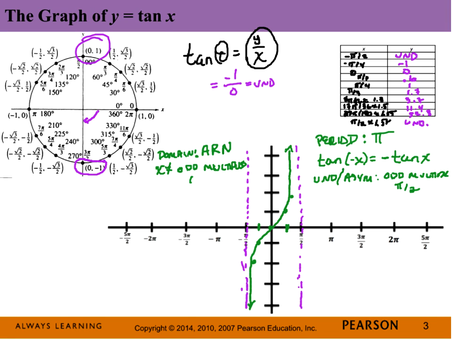So as long as you're not on an odd multiple of pi over 2, you're okay to plug into that function. And then our range is just negative infinity to positive infinity because we go in both directions vertically unbounded.